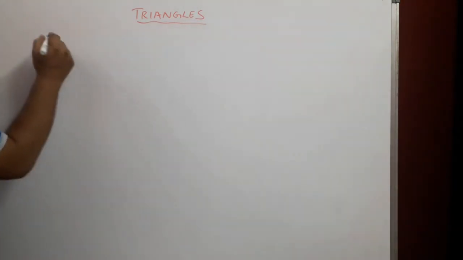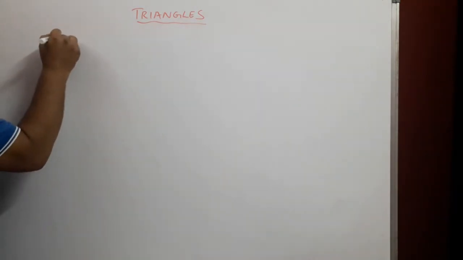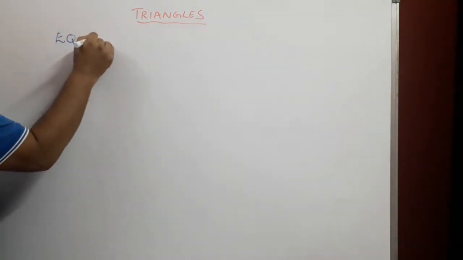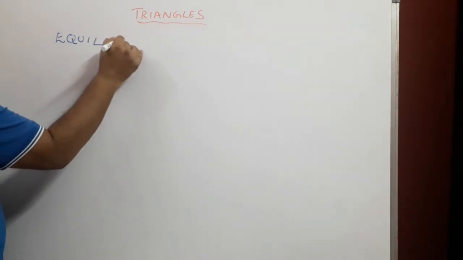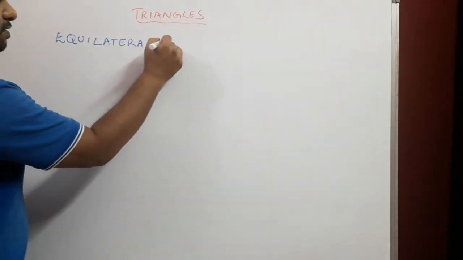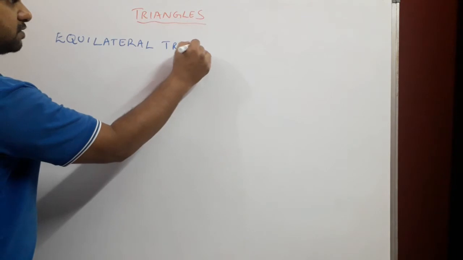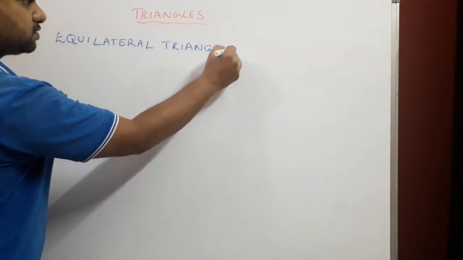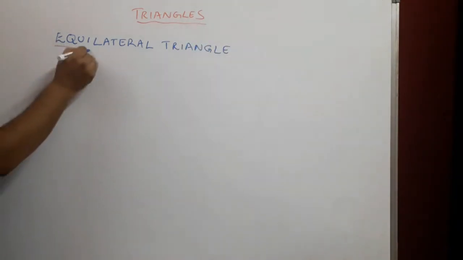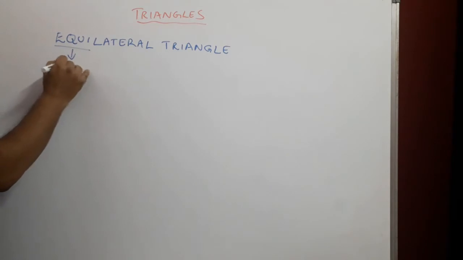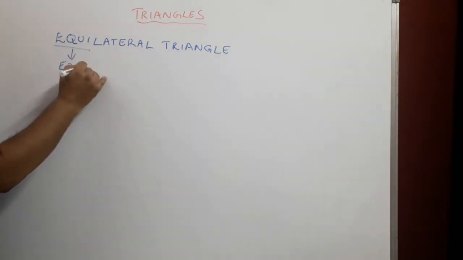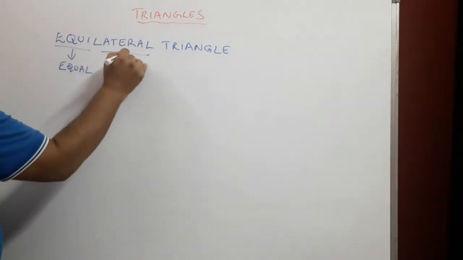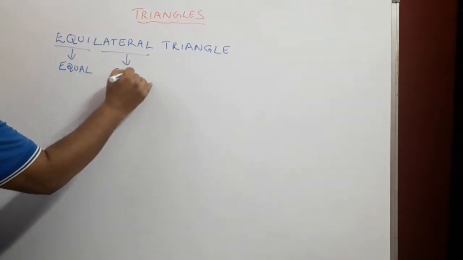So our first triangle is an equilateral triangle. The word equi means equal, and lateral means sides.